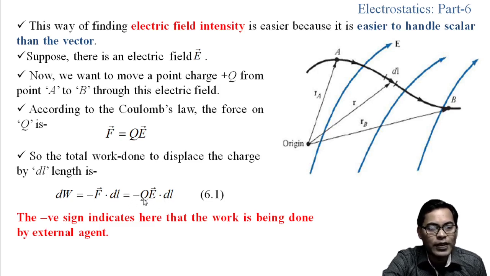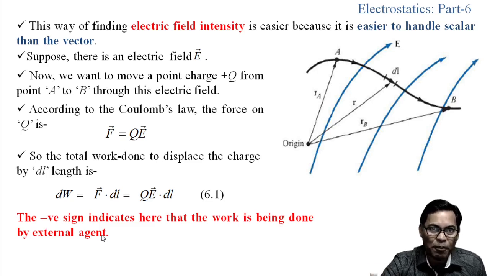Now here you can see that the negative sign is given in equation 6.1. What is the meaning of this negative sign? This negative sign indicates that the work is being done by an external agent.